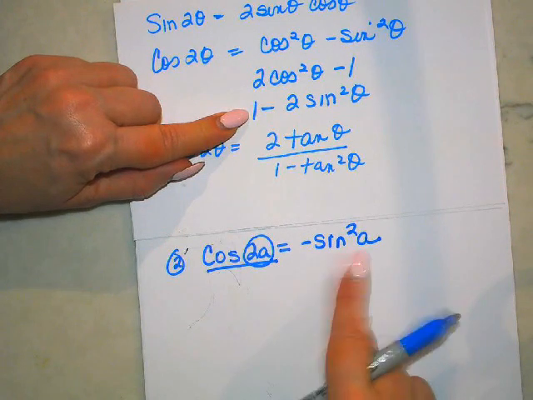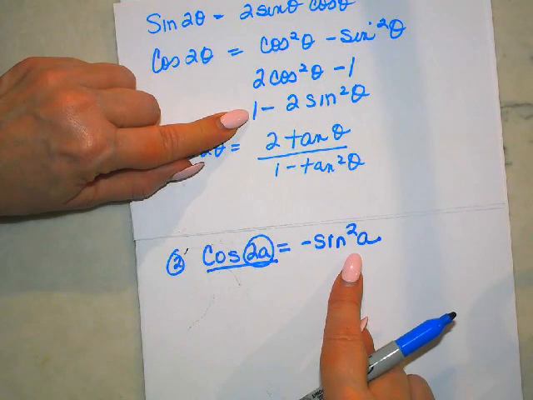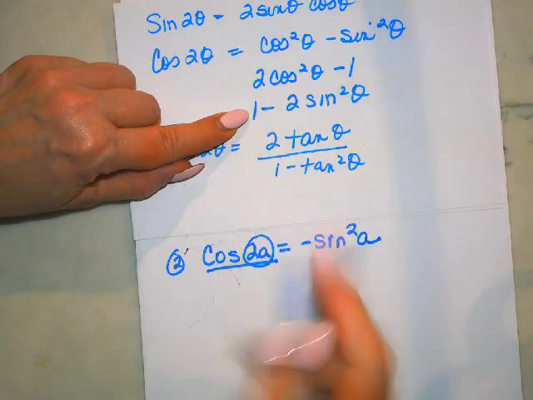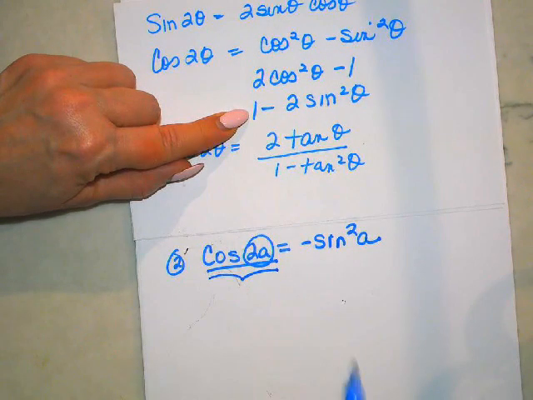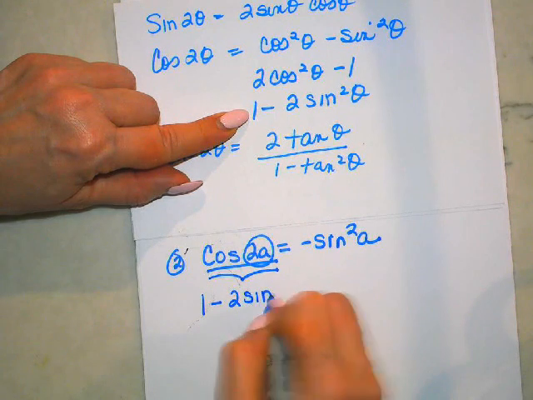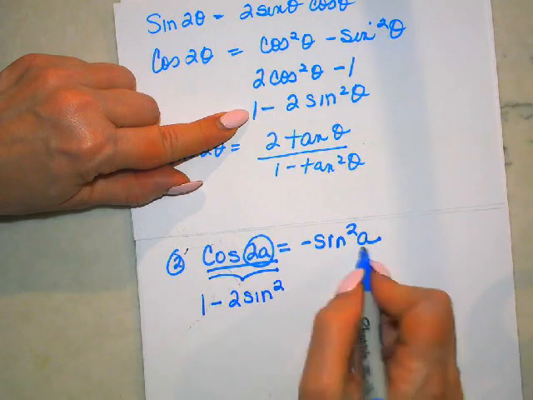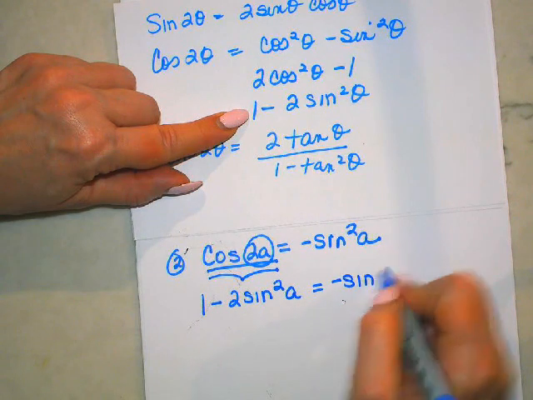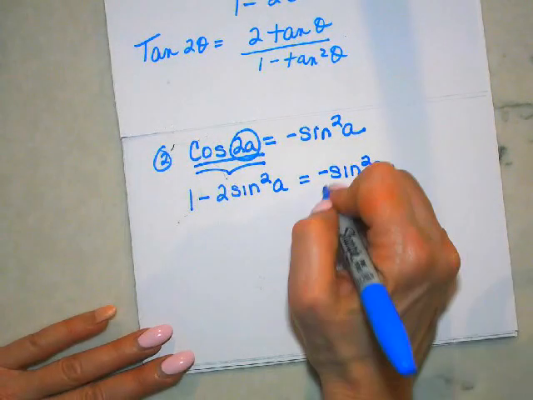Now, since the other side of my equation is dealing with the function of sine, it's logical to use the one that only has sine in it. So I'm going to replace this whole thing with 1 minus 2 sine squared a, equals negative sine squared a. And now I'm just going to solve.